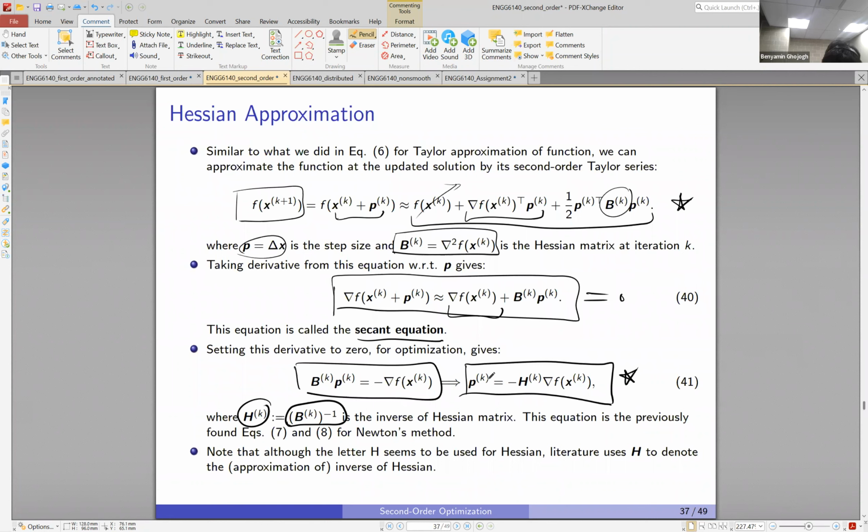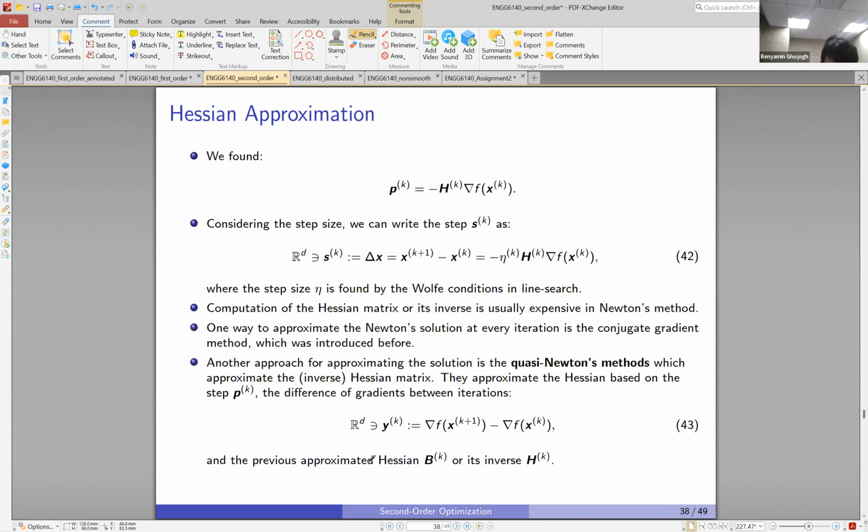Now we found this. Considering the step size, we can write the step s. I say that p doesn't have eta in it. Up to here, I called p equals delta x, but now I'm separating them in this section.